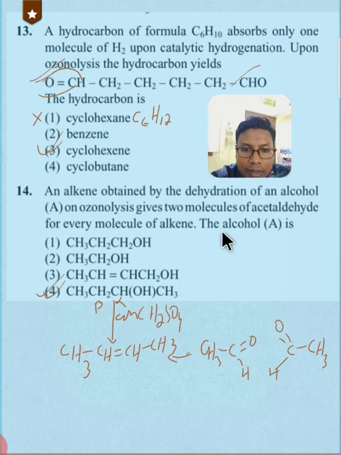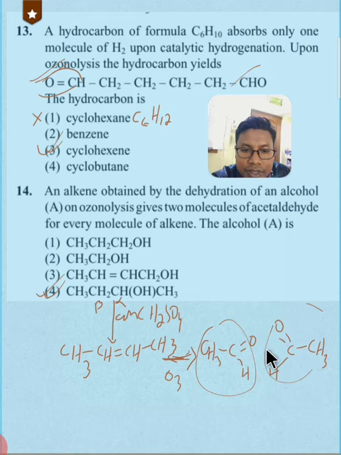So the alcohol A must be this alcohol, because dehydration of this alcohol will give this alkene, and ozonolysis of this alkene will give 2 moles of acetaldehyde.